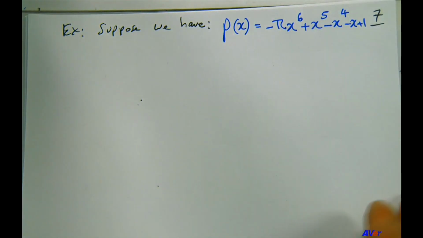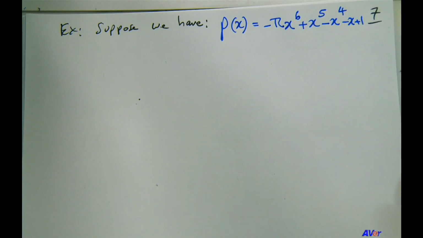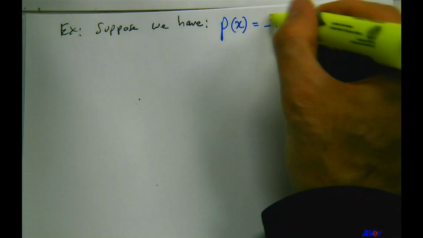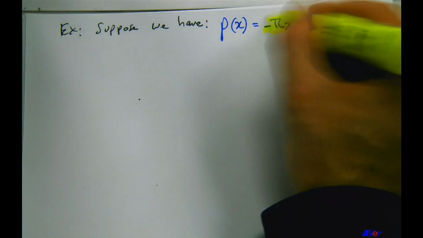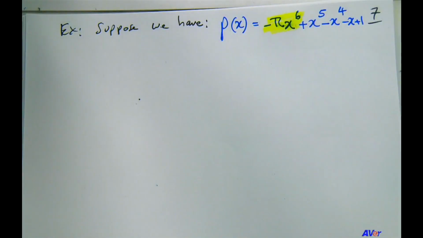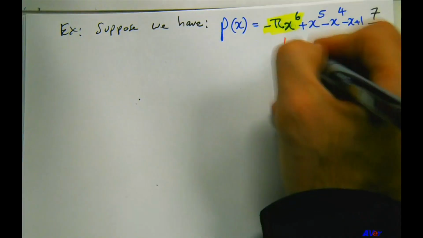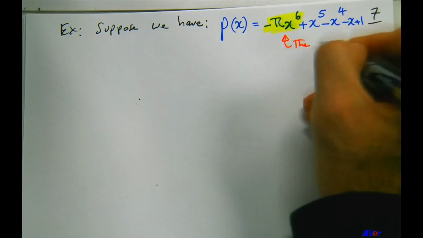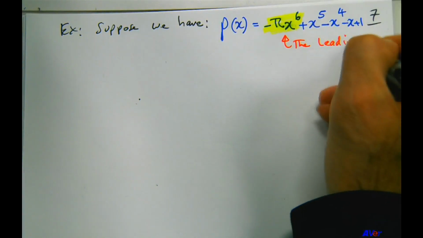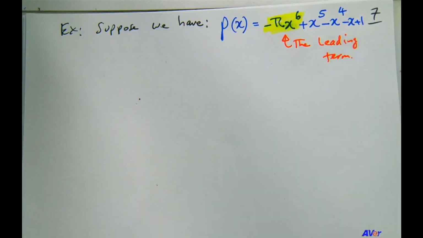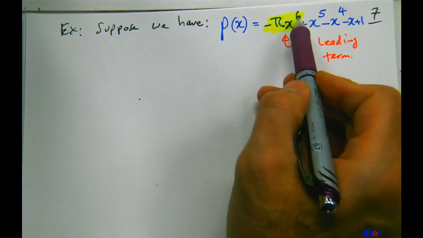Looks pretty complex at first sight, but which one is the leading term? The leading term is the term with the highest power, right? In this case, it would be this one. It has the highest power there. So this is the leading term. Okay, so the leading term has the highest power that is even.